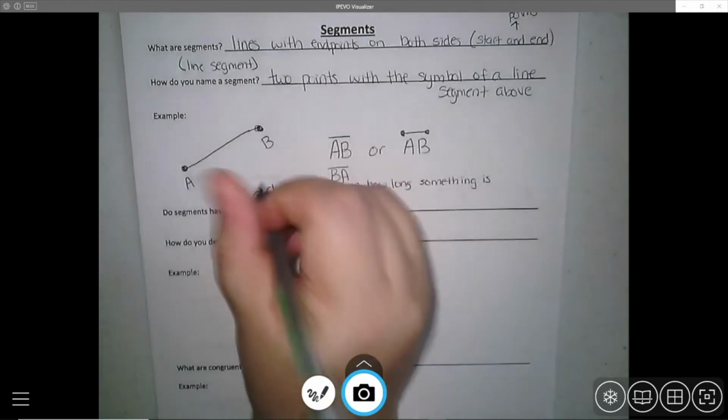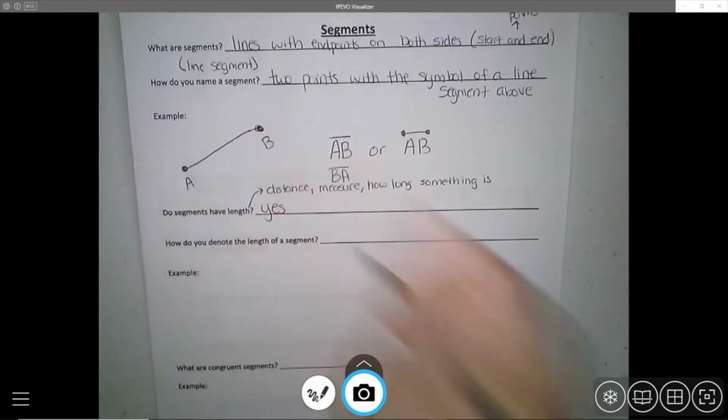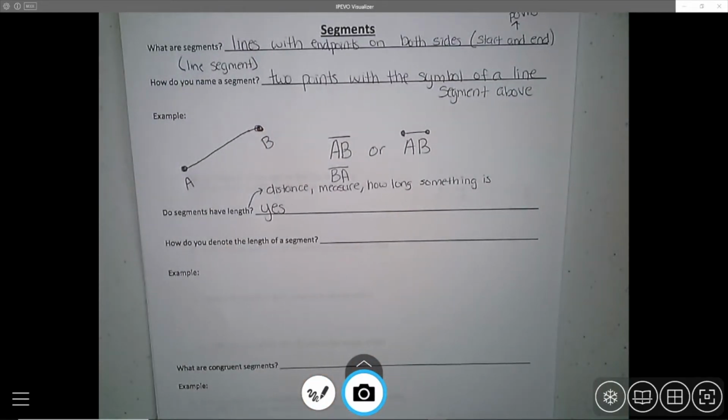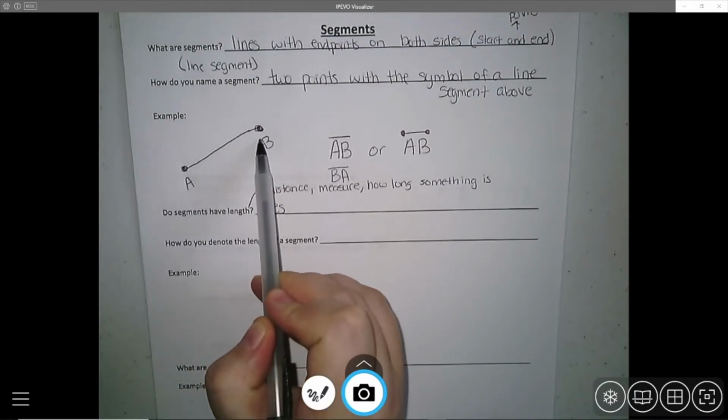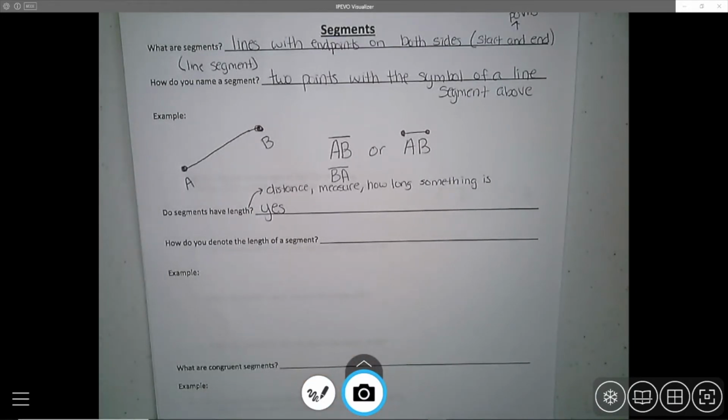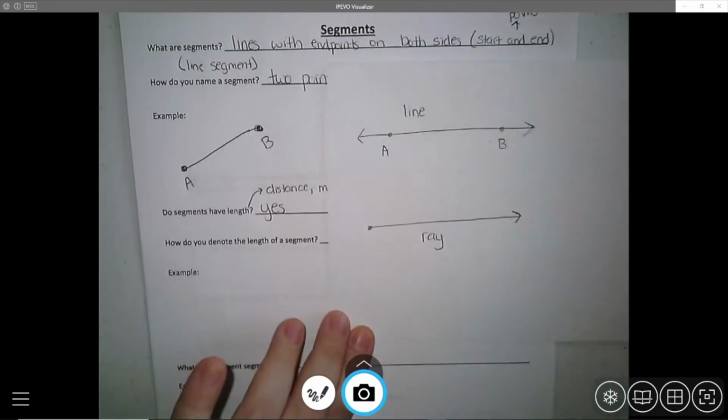So do segments have length? The answer is yes. What we're basically doing is pulling out our ruler, putting it up against the line segment, and reading it off. Why they have length is because they have a starting and an ending point. These are the only types of lines that have lengths.